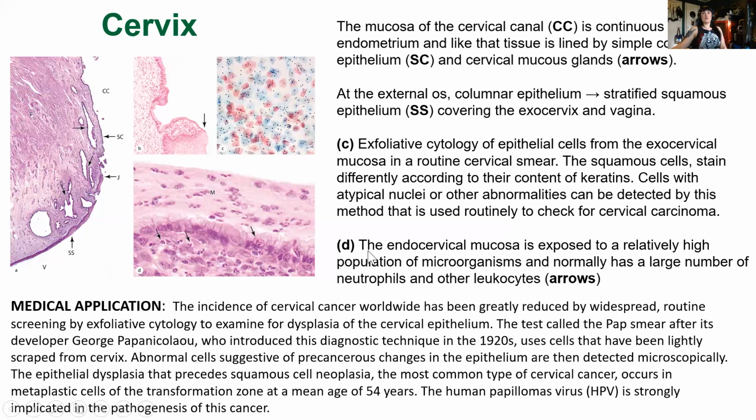Interestingly, and this is a subject of a fair amount of research if you want to have a stroll down Google Scholar, the mucosa of the endocervix is actually host to a lot of microorganisms. And these are considered to be related to the vaginal flora, which are a normal part of vaginal health.